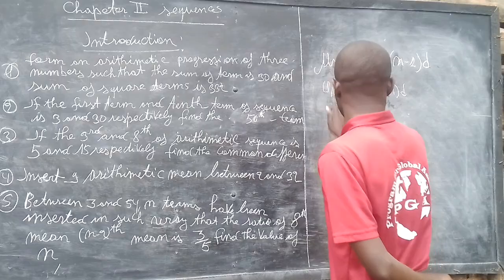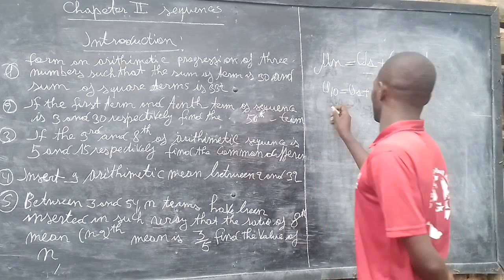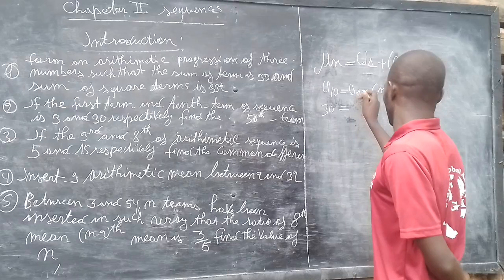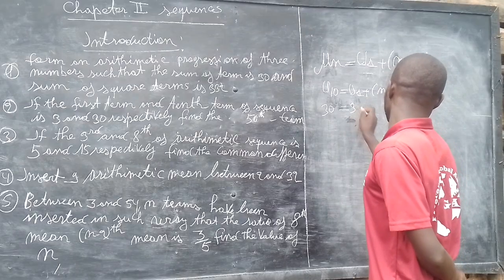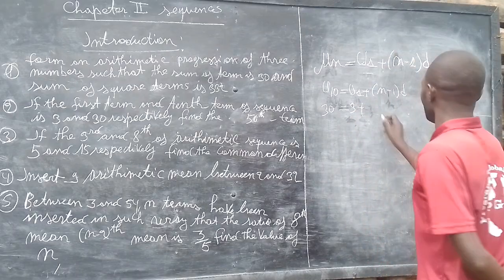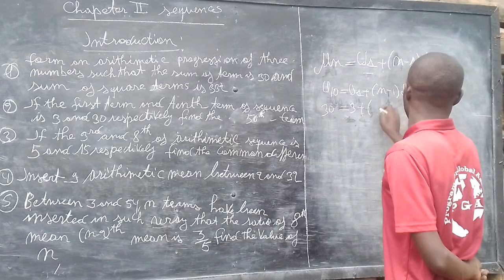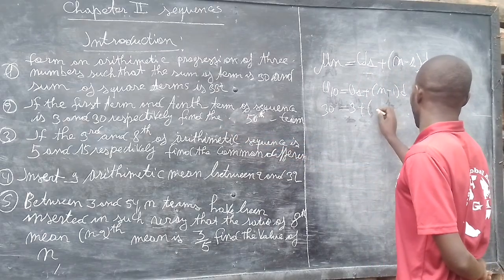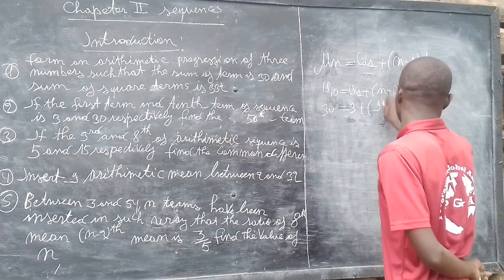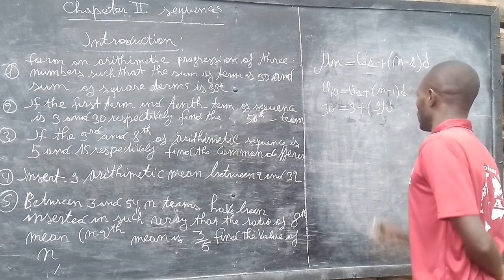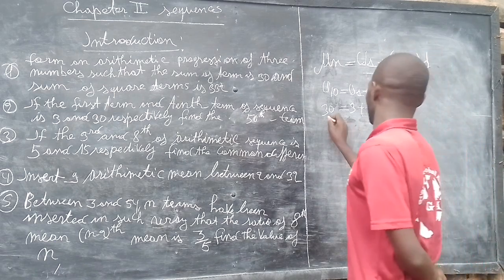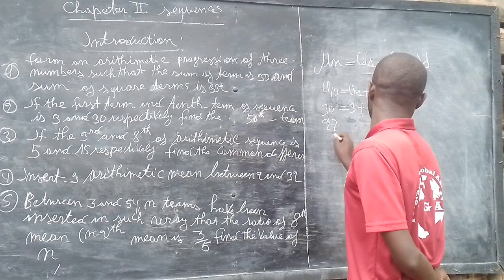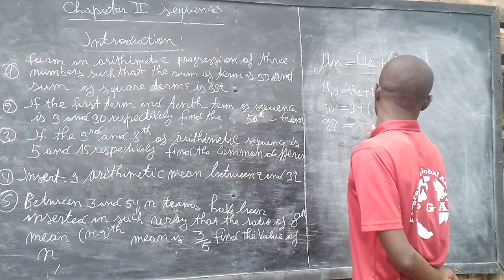Here u10 equals 30, which is equal to u1, which is 3, plus n negative 1. Our term number is 10, so 10 negative 1 is 9, times d. So 27 equals 9d.